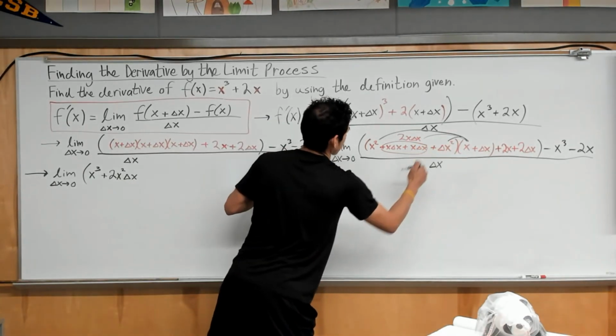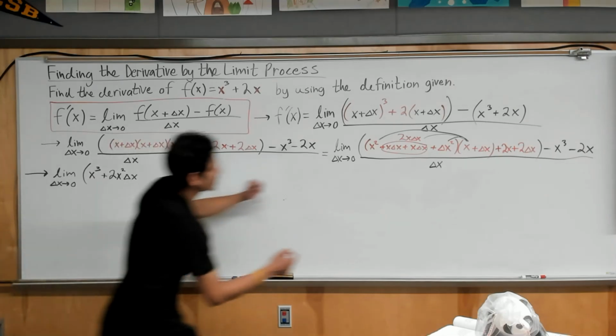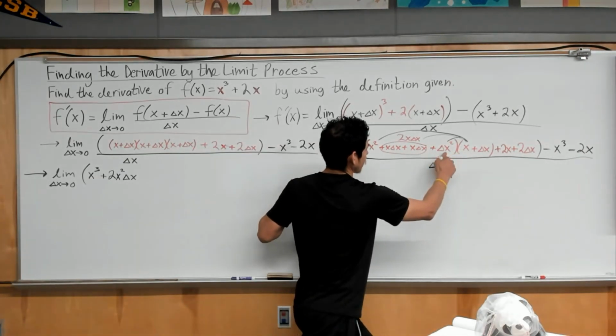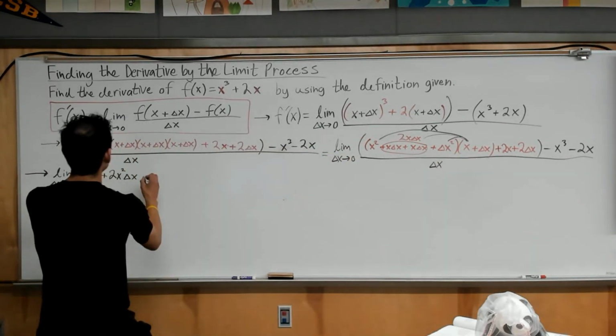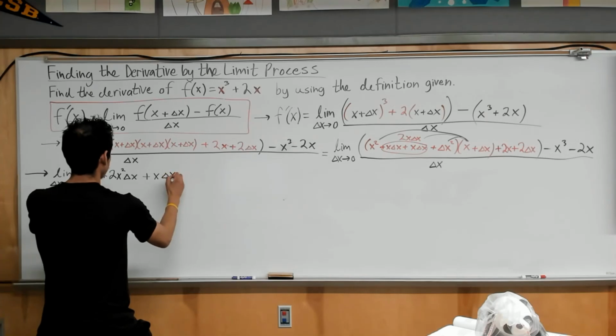Sorry, plus x times delta x squared. Whew, that would have been bad. Plus x times delta x squared.